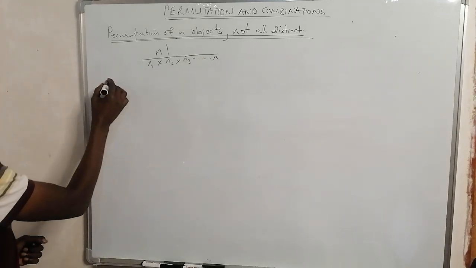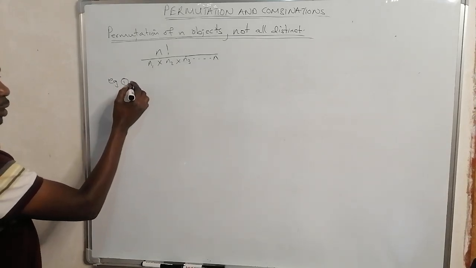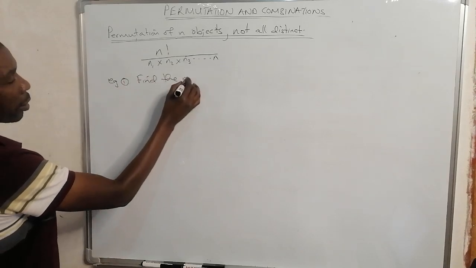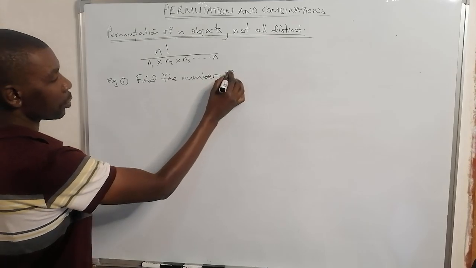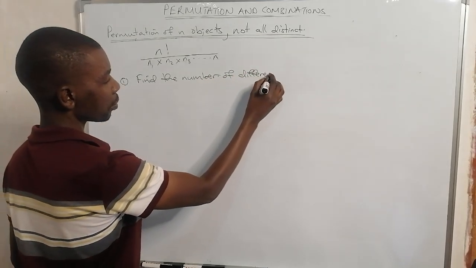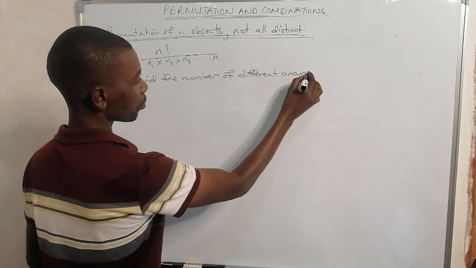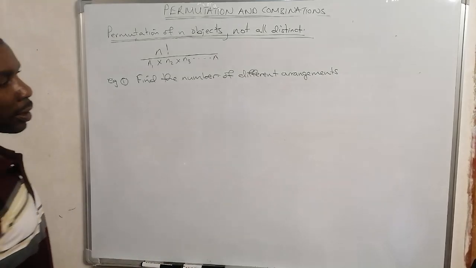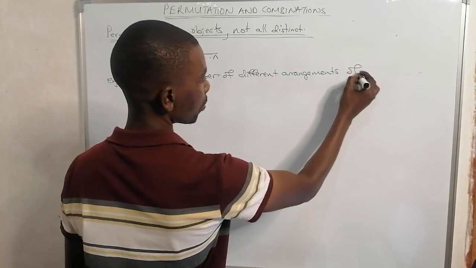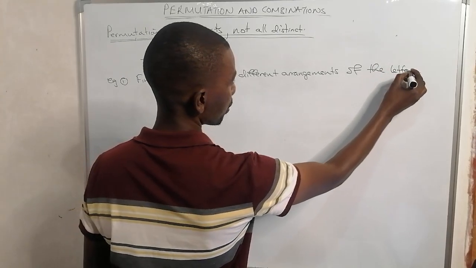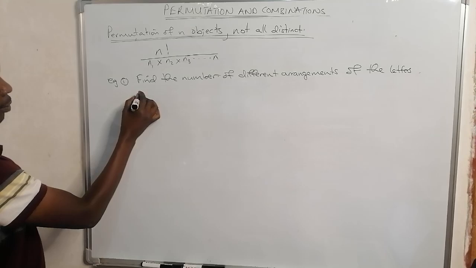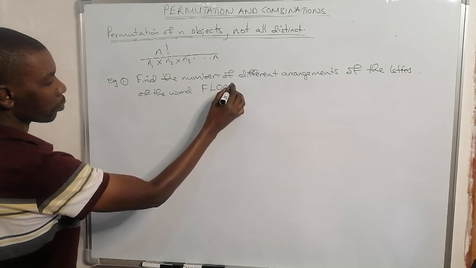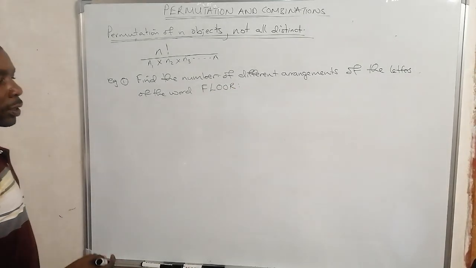So let's take, for example, example number 1. Find the number of different arrangements of the letters of the word flow.